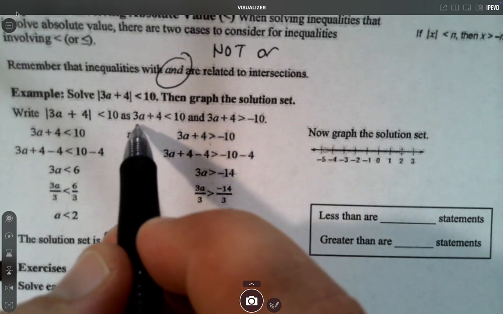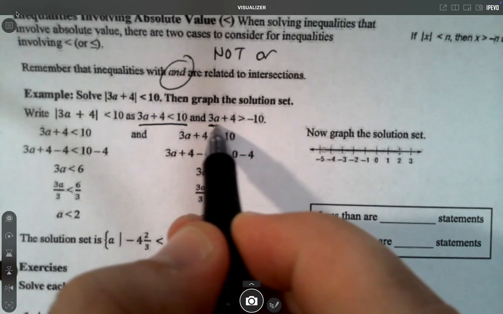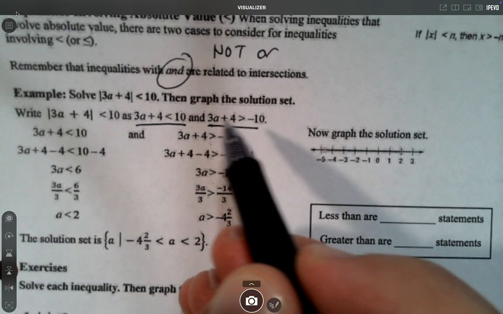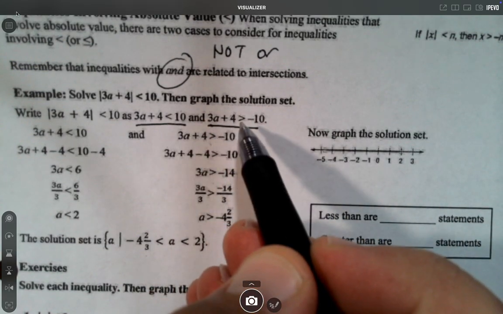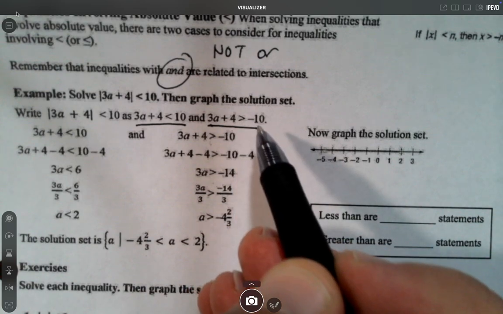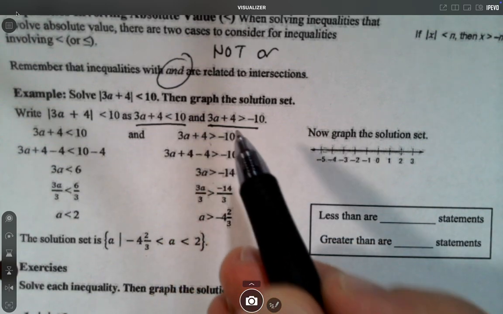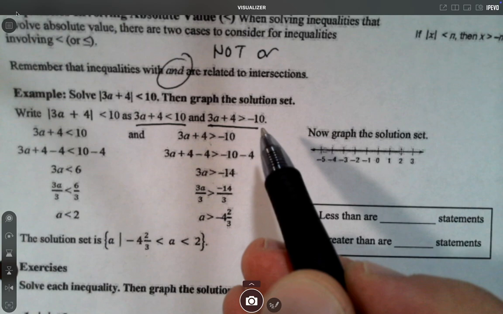So if you look at these two compared to each other, no difference in the left side. It's 3a plus 4. But here we flip both the inequality sign and the sign of the answer. So we go from less than positive 10 to greater than negative 10.